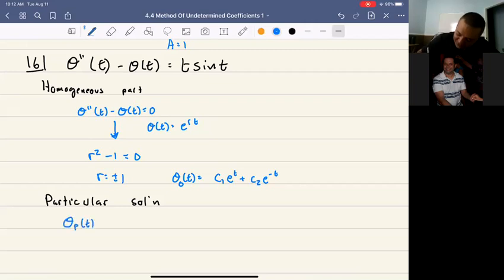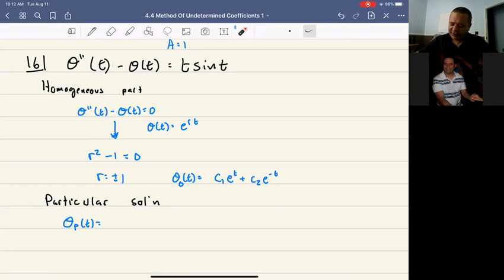Okay, so our particular solution, theta p of t equals, now we need to account for the t, okay? And we also need to account for, in this case, I don't think we do, but yeah, we do. We need to account for the fact that we have sines and cosines, really, okay?